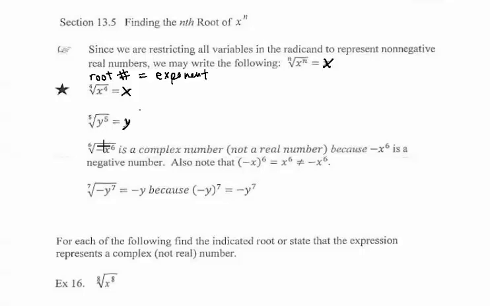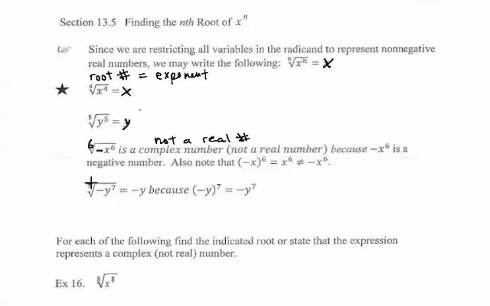One you want to be careful with is if you have an even root number and there's a negative inside, you just simply write out not a real number. Alright, we don't try to compute this because we haven't talked about complex numbers yet.